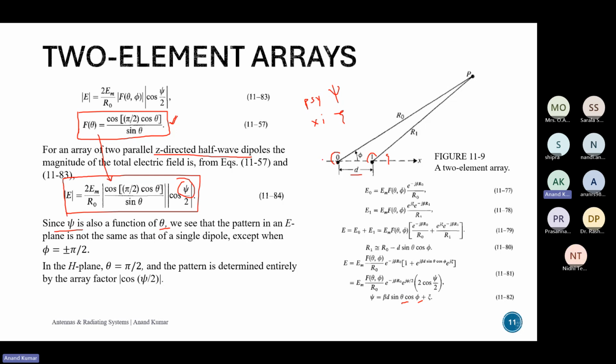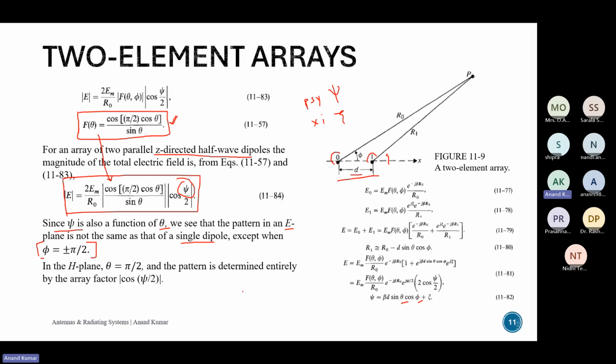So we'll have this pattern function different from the individual dipoles, and if we see the E-plane of this particular configuration, it will not be the same as that of the single dipole, except in a particular case, which is where this psi becomes pi by 2.